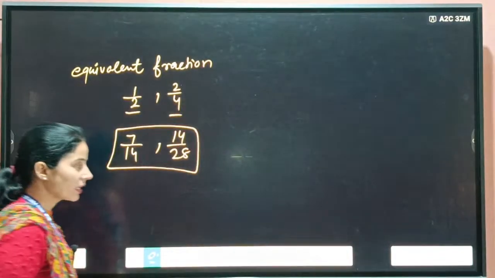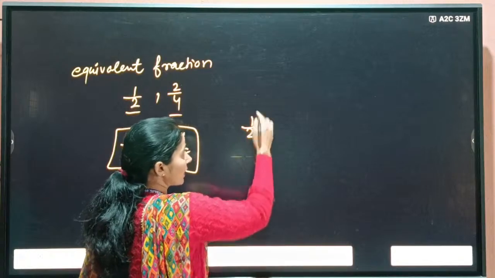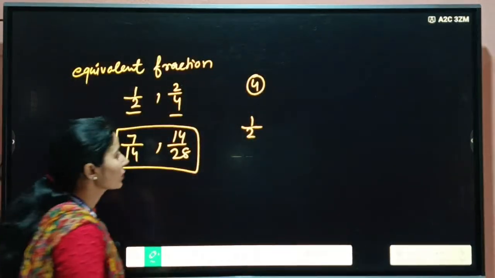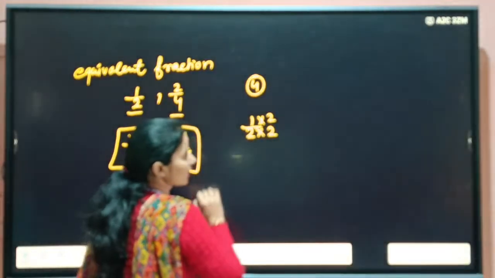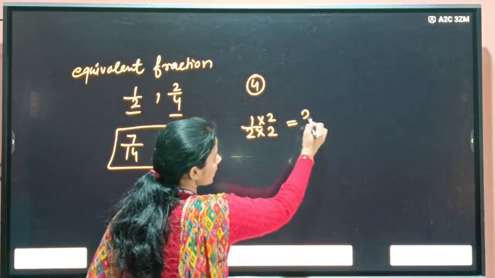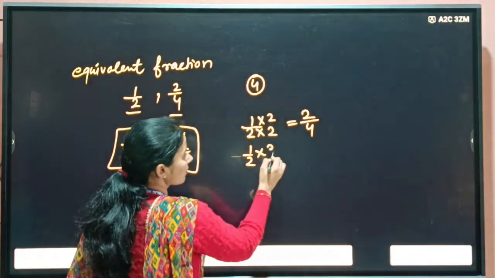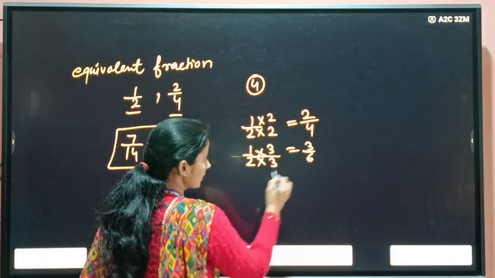And how can we find an equivalent fraction? Like 1 by 2 is there and we have to find equivalent fractions to 1 by 2. So you need to multiply the numerator and the denominator with the same number to find an equivalent fraction. It is 2 by 4. Next, for 1 by 2, you can choose 3, then it will be 3 by 6.